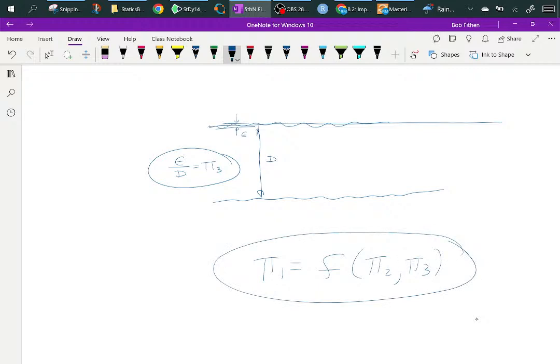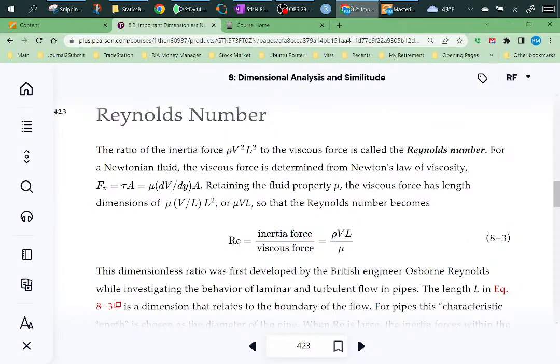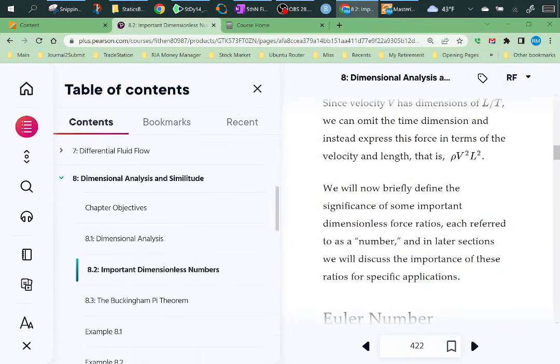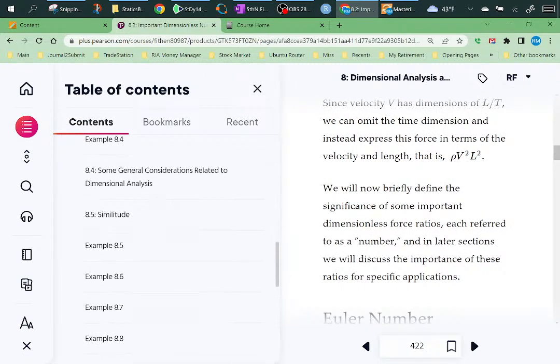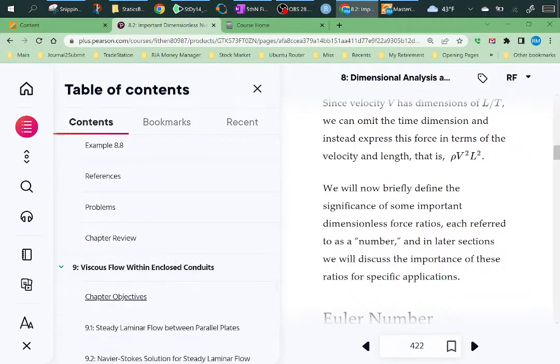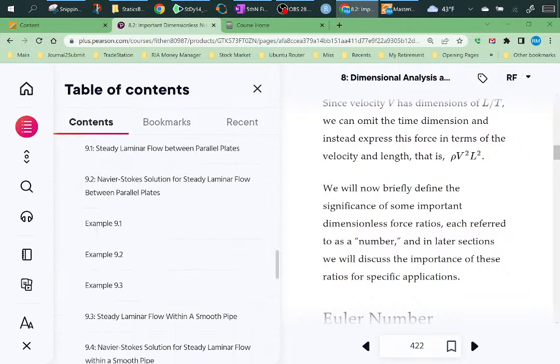Well, let's see if I can find where he did this in this thing. Table of contents, we go in here to chapter 9. It's got to be in here, but I'm not sure it is. It might be in the next one.